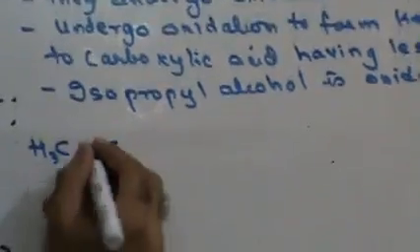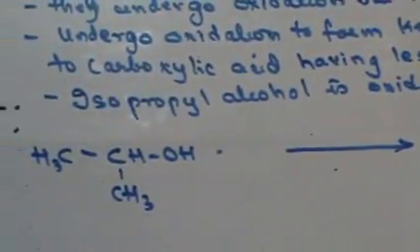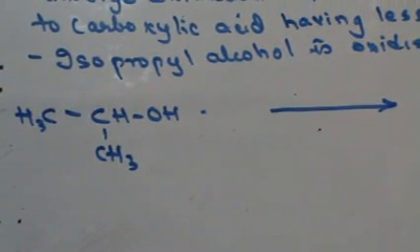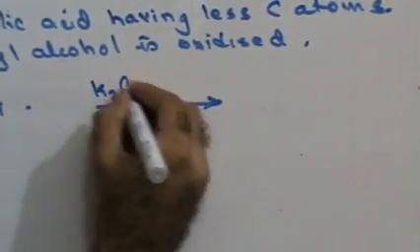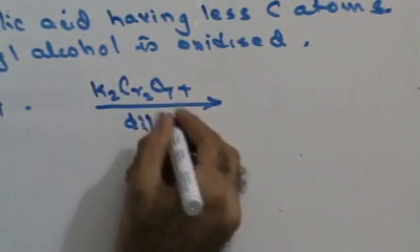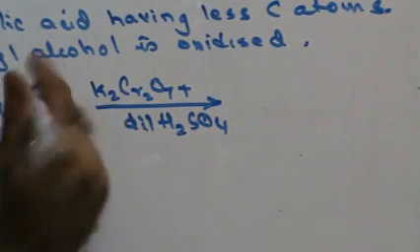So CH3CH(OH)CH3 is oxidized, right? Now, to oxidize this, we use potassium dichromate and dilute sulfuric acid, which will give me nascent oxygen, right?